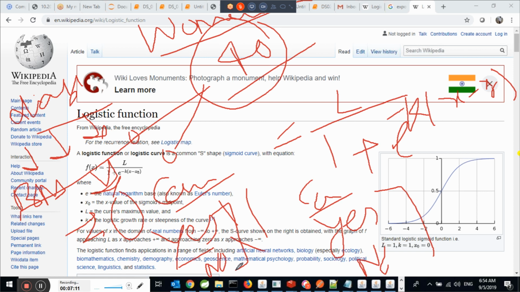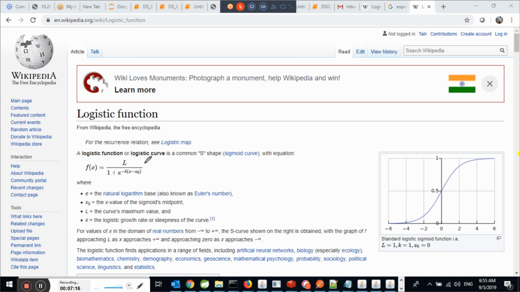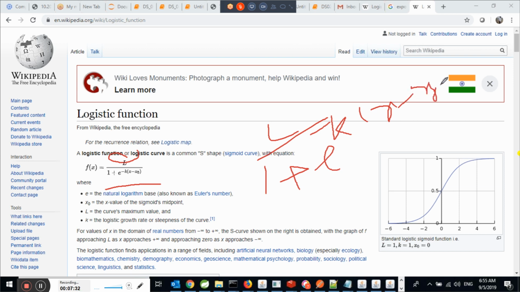There you can apply the logistic function. Why? The formula of the logistic function is L upon 1 plus e to the power minus k times x minus x naught. So here, what is the value of e? e is the natural logarithm base, that means Euler's number, the exponential.